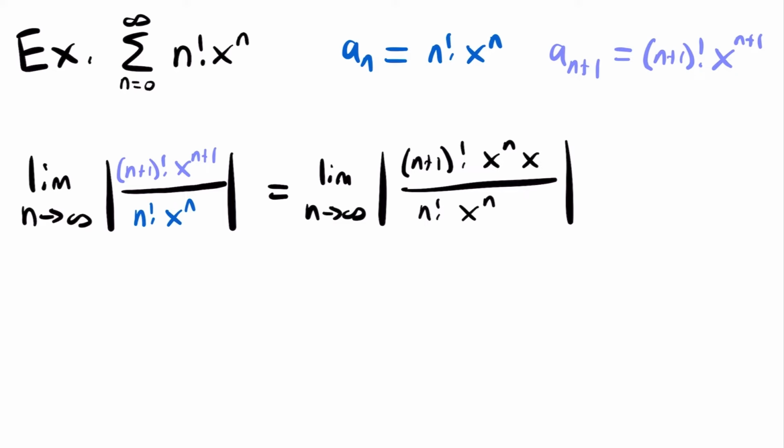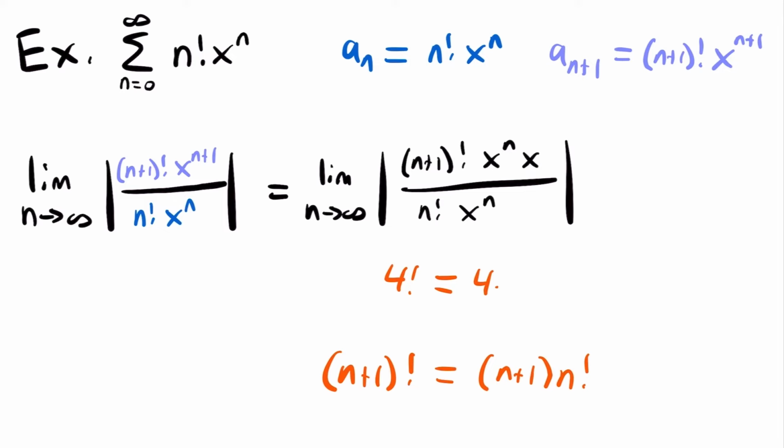Okay, now another thing that we can simplify is this n plus 1 factorial. We can rewrite n plus 1 factorial to be equal to n plus 1 times n factorial, right? The reason we can do this is because let's say we have 4 factorial. That would be equal to 4 times 3 times 2 times 1, but we could also say that that's equal to 4 times 3 factorial, right? Because 3 times 2 times 1 is 3 factorial.